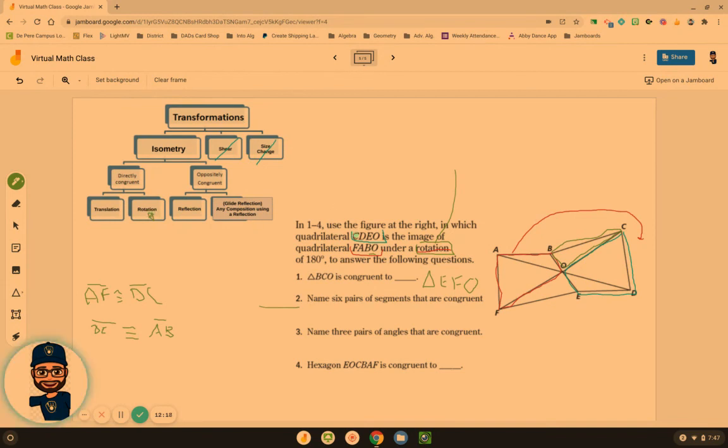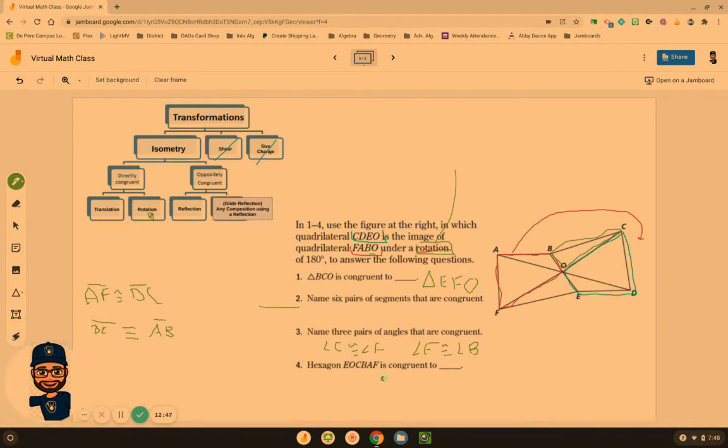That means that angle C has to be congruent to angle F, or that angle E has to be congruent to angle B, based upon the way that they're written. There are many of them that we could write. But notice again, the notation becomes very important.